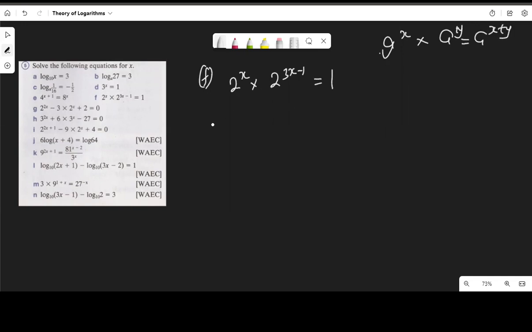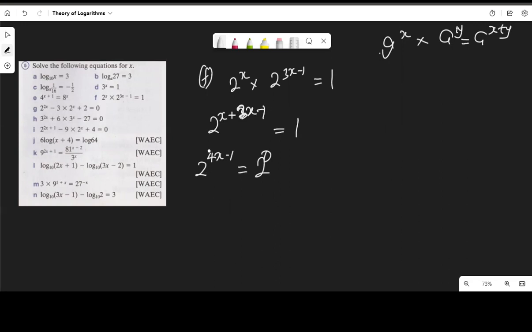If I apply it here, I'll have 2 to the power of x plus 3x minus 1 equal to 1, which is 2 to the power of x plus 3x is 4x, then minus 1. Any number to the power of 0 is 1, so this one I will turn into 2 to the power of 0 so that the bases will be equal.